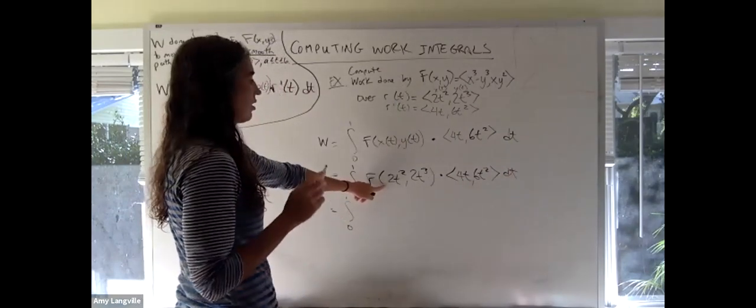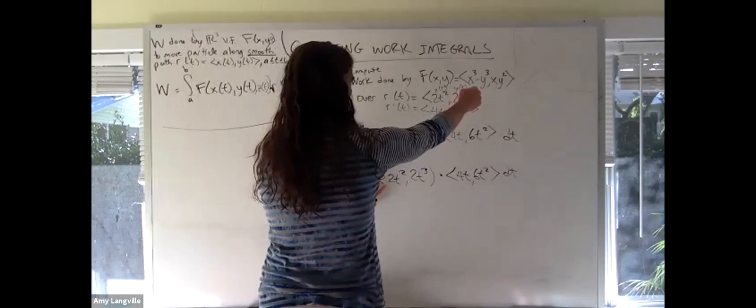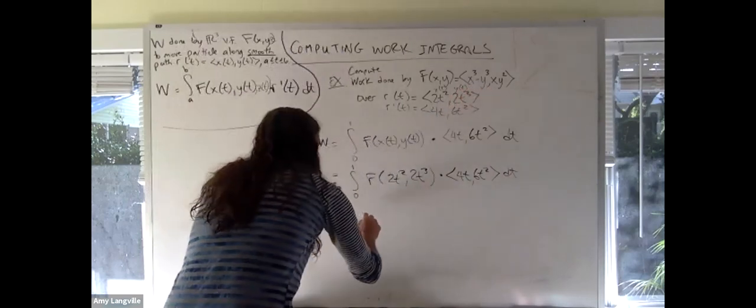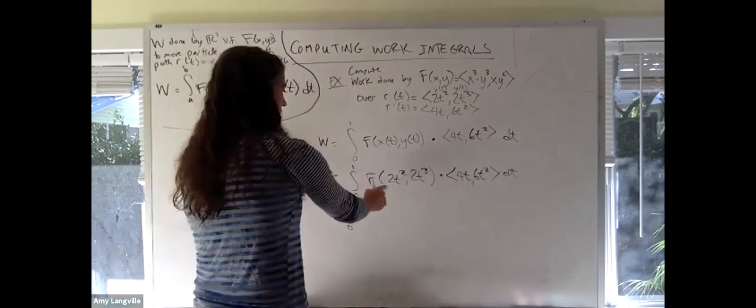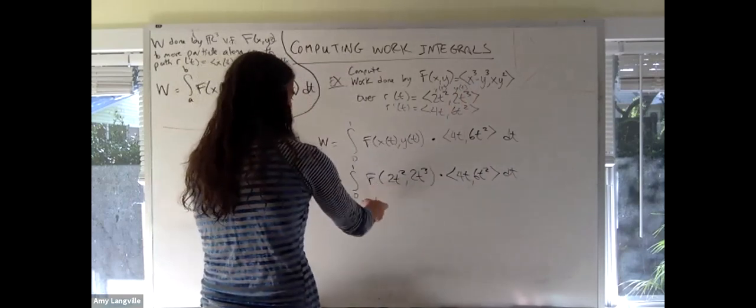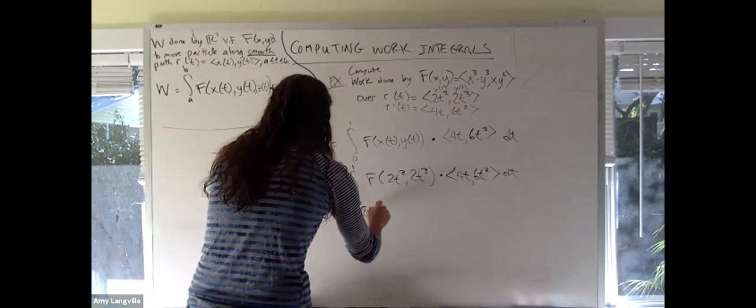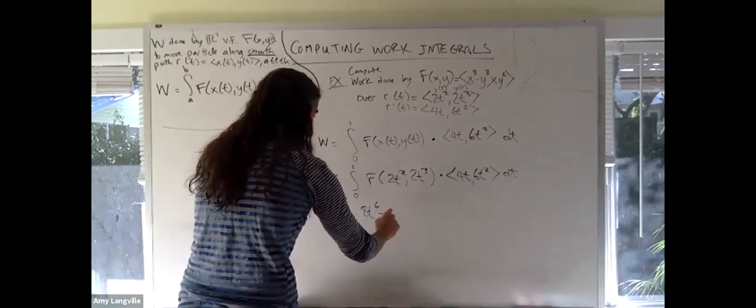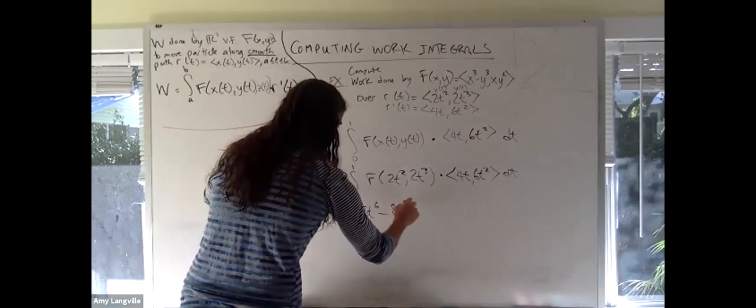So f at 2t squared, 2t cubed. What I do is take that first component and cube it, minus the second component cubed. Cubing this would be 8t to the 6th, minus cubing this one would be another 8, but t to the 9th.